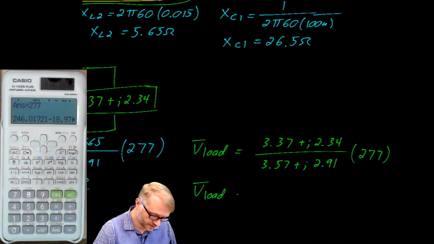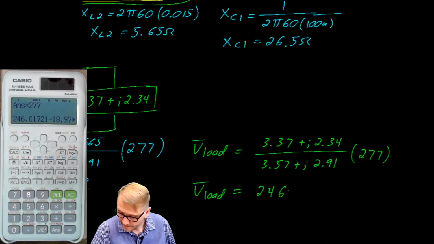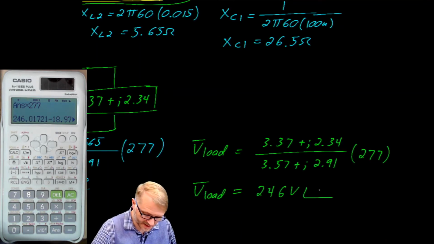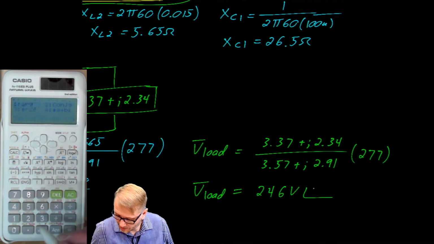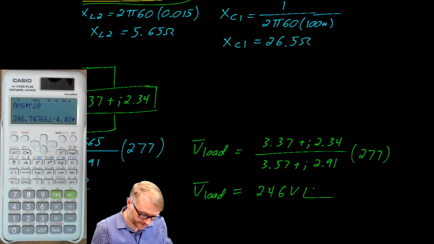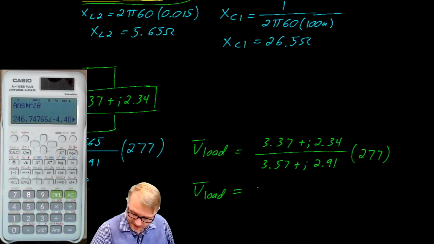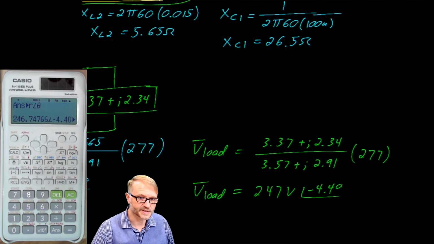So the load voltage is equal to 246 volts at a phase angle of, oops, we've got to put that into polar form, sorry. There, that's better. So we'll try that again. 247 volts at a phase angle of negative 4.4 degrees.